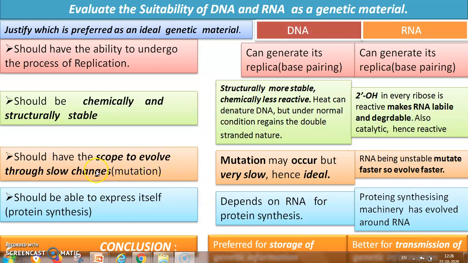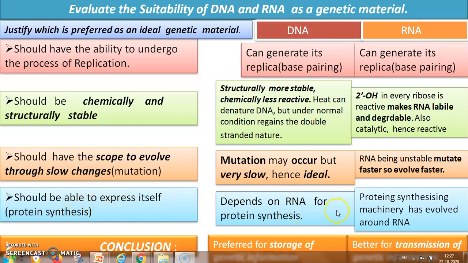The scope to evolve should be through slow changes, and again that is a very ideal feature seen in DNA. Because of proofreading, it does not undergo changes very fast, whereas RNA is unstable and mutates very fast, so it evolves faster. So information cannot be stored in such a molecule. So that way, again an ideal feature here.